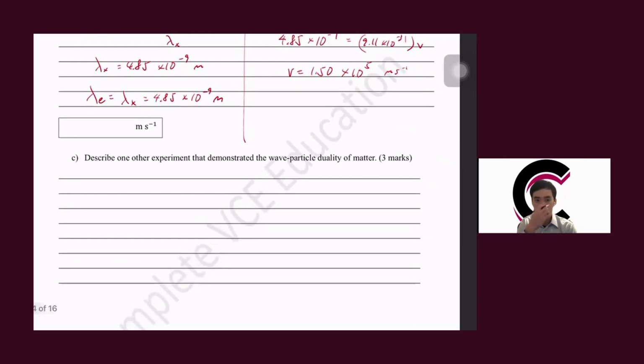So you can say that in the electron double slit experiment, we are firing electrons at a double slit. This is basically how that's done, one at a time.